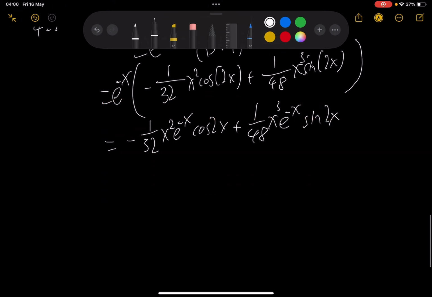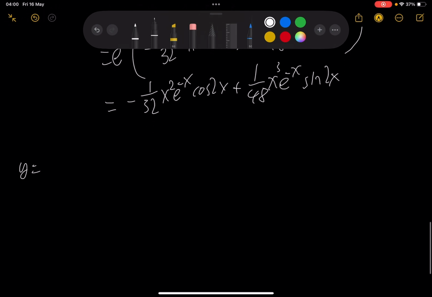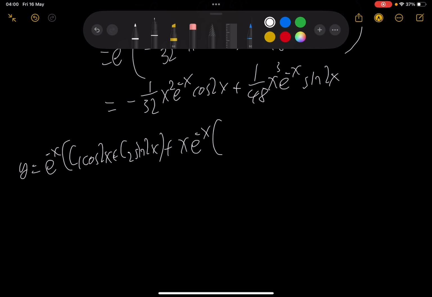Finally, we can just write down the solution. This is really complicated. You can see these partial solutions. Therefore, the general solution y is equal to, I remember, e power negative x times c1 cosine 2x plus c2 sine 2x, and then plus x times e power negative x times c3 cosine 2x plus c4 sine 2x, and then plus our particular solution.